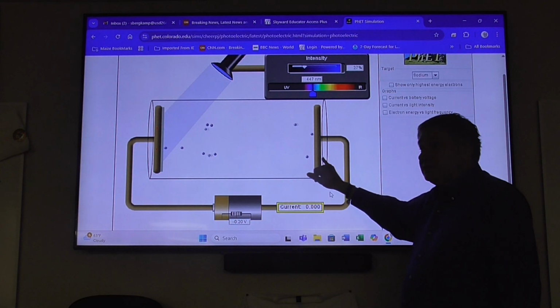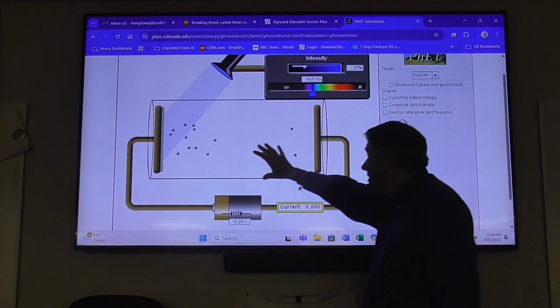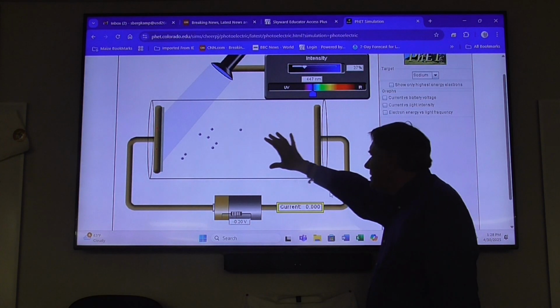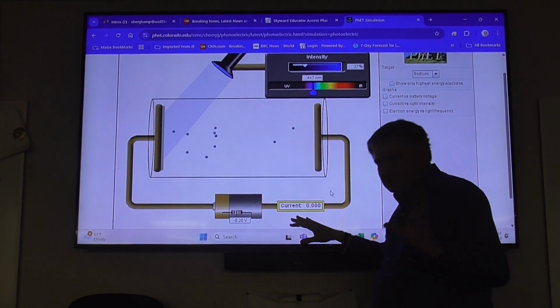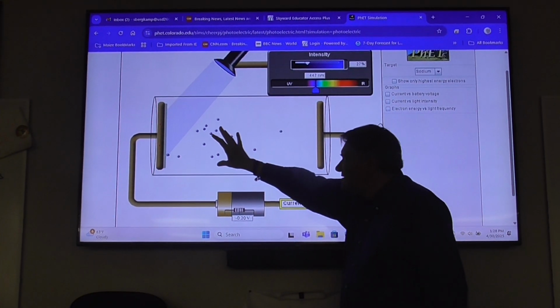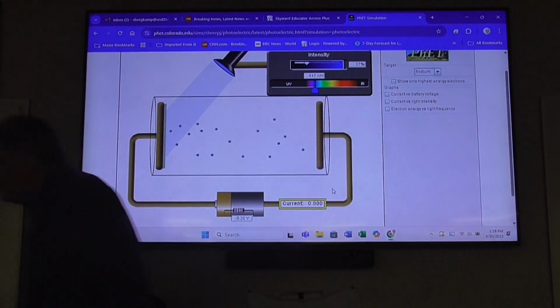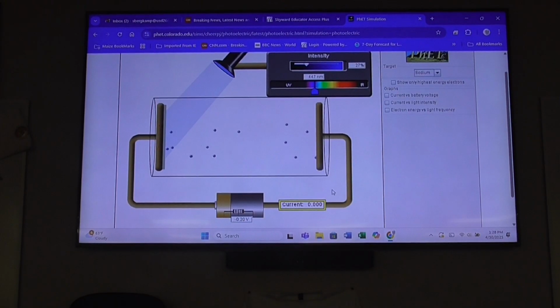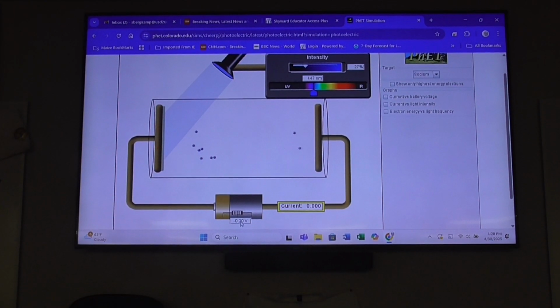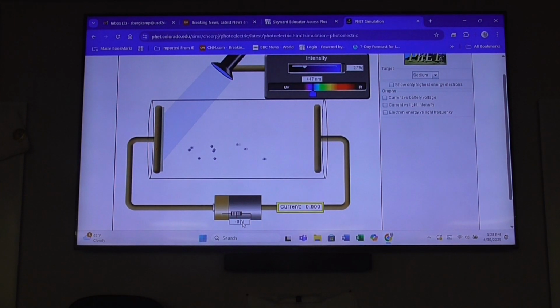So since these negatively charged particles, as they're coming over here, notice that some of them are still going. The current is still showing zero, but it's got some particles going across there. But if I change that to say negative 0.40, okay?